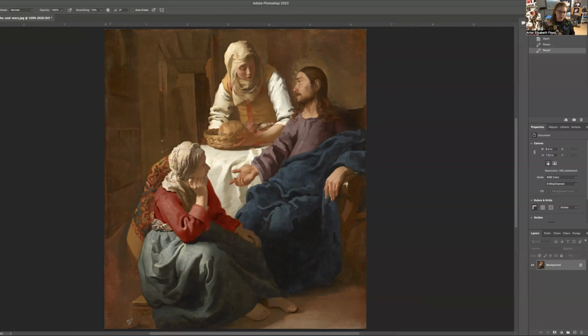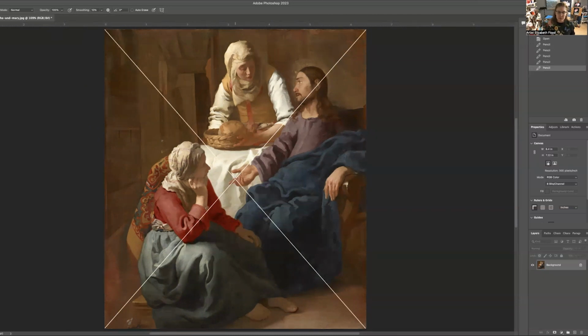Now, oftentimes I like to also look at composition in a very generalized way, and what I wanted to point out is, look how centrally focused the bread is for the Eucharist. However, look at how important Vermeer placed the hand in benediction of Christ, smack in the middle of that composition.